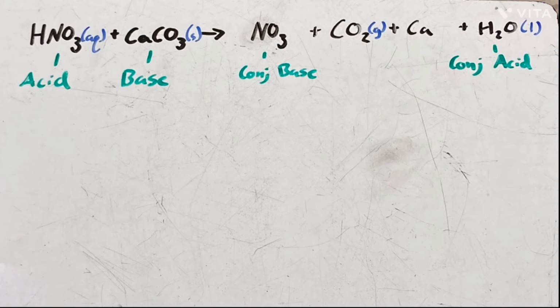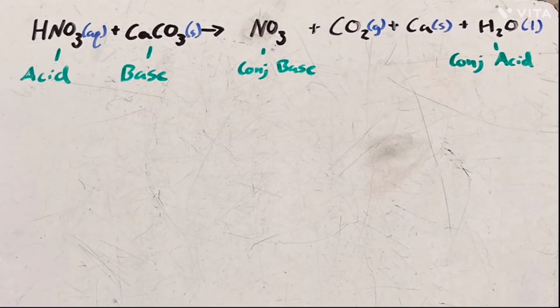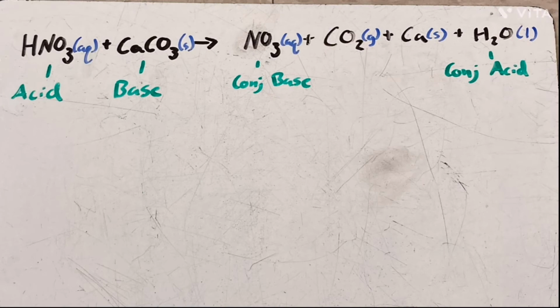Calcium is an alkaline earth metal, which mimics the properties of metal, meaning it has a very high melting point. In this case, it would be solid, since the reaction was most likely performed at room temperature. Nitrate will be aqueous as it is soluble and it is just the ion.